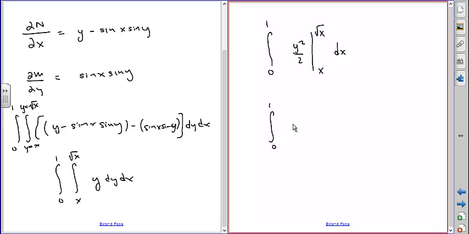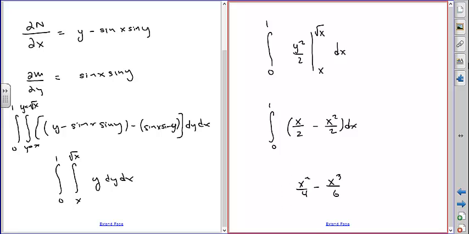So you get square root of x squared, so that's x over 2 minus x squared over 2, all times dx. And then you integrate with respect to x. So you'd get x squared over 4 minus x cubed over 6.